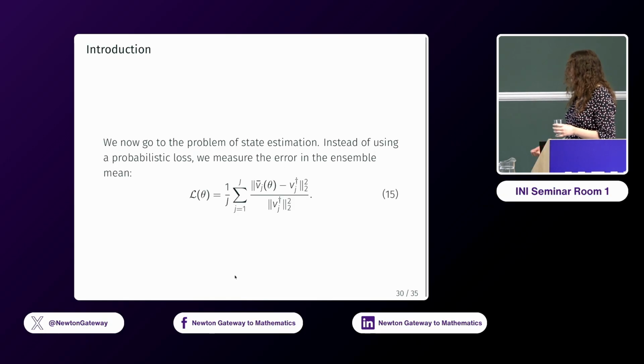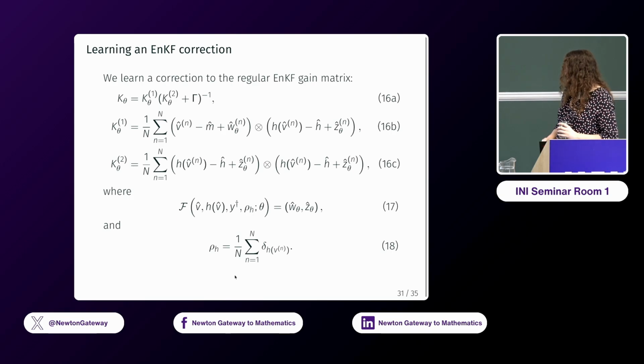So here we're actually taking a step back and going back to deterministic evaluation. So here we're using a state estimation loss function rather than a probabilistic one. And what we do is we want to learn a correction to the ensemble Kalman filter that improves its performance.